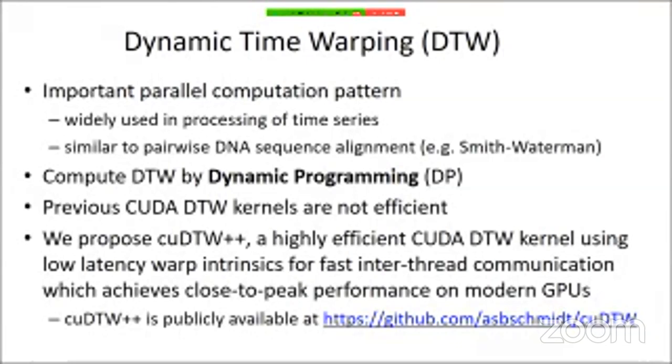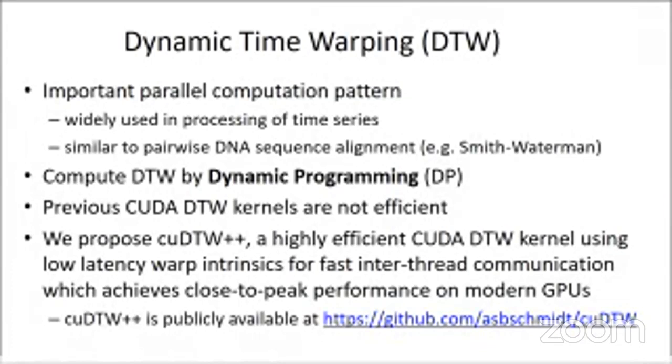This is a very similar algorithm to the optimal pairwise alignment of DNA sequences, for example, like the Smith-Waterman algorithm, with the difference that we deal here with real valued data and use Euclidean distance to compare 2 values. This is based on dynamic programming and has a dependency relationship when computing a DP, or dynamic programming, matrix where each value depends on the left neighbor, upper left neighbor.